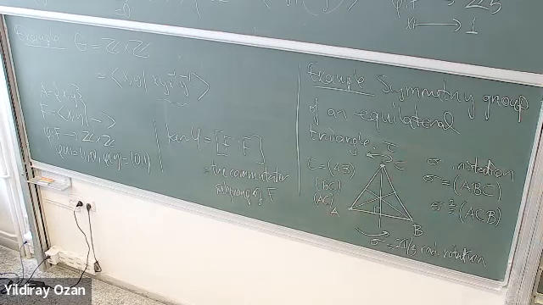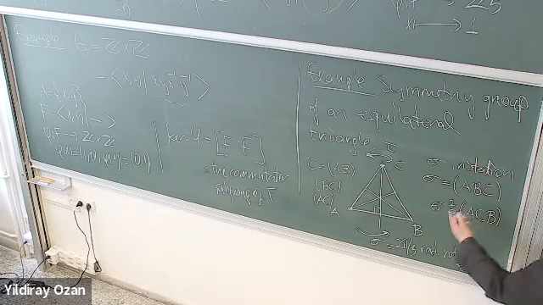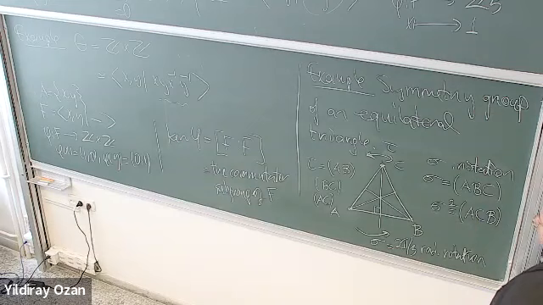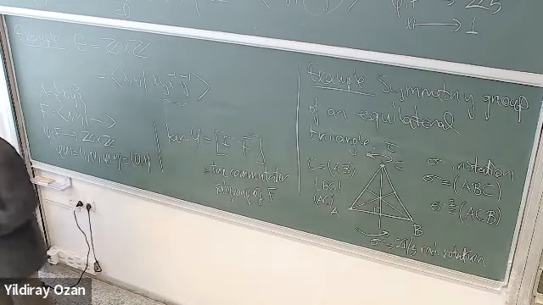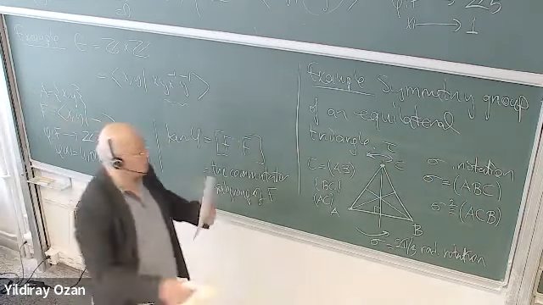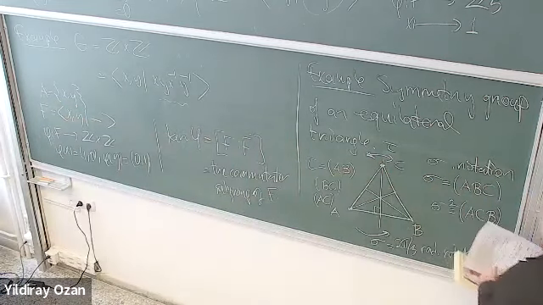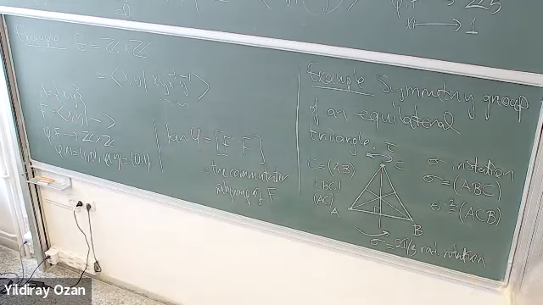So you see that all 6 permutations are listed here, including the identity permutation. So the symmetric group of the equilateral triangle is isomorphic to the symmetric group on 3 letters A, B, C.